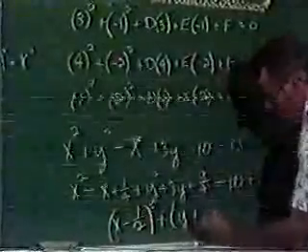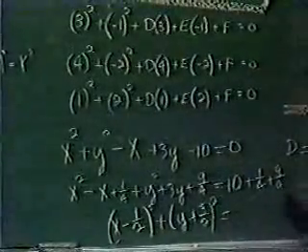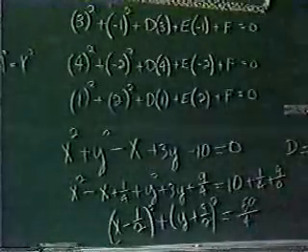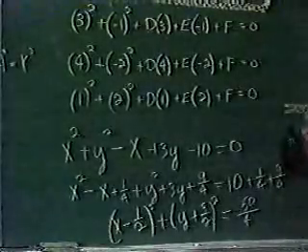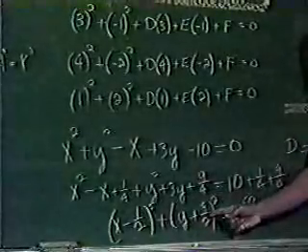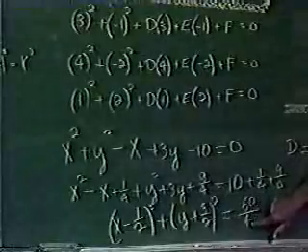This then is (x minus 1/2) squared plus (y plus 3/2) squared is equal to 50/4. So our circle is a circle whose center is at (1/2, -3/2), whose radius is the square root of 50 over 2.